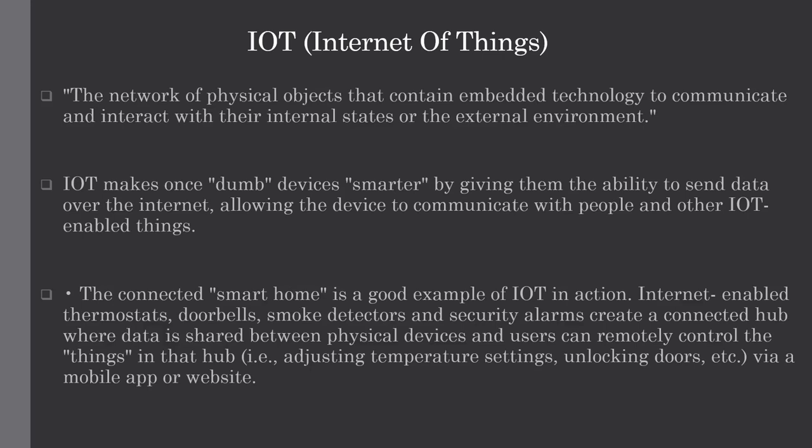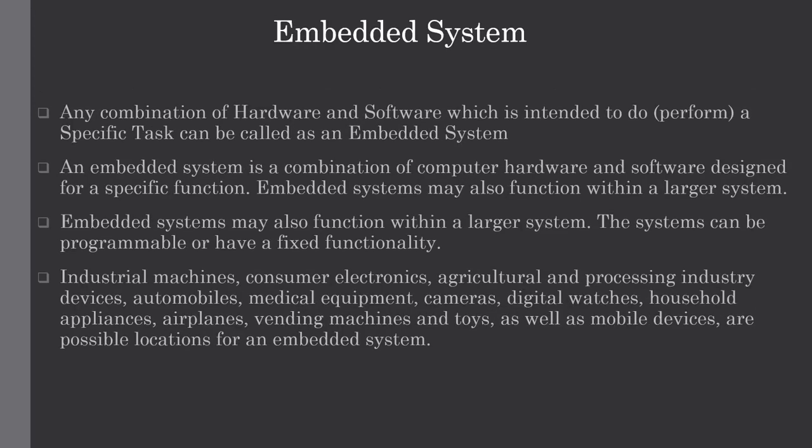The connected smart home is a good example of IoT in action. Internet-enabled thermostats, doorbells, smoke detectors, and security alarms create a connected hub where data is shared between physical devices, and the user can remotely control things in that hub, such as adjusting the temperature settings and unlocking the doors, via the mobile app or website. This is known as the basic and advanced part of Internet of Things.